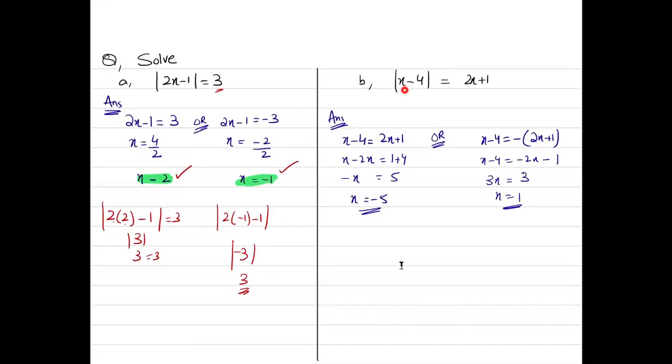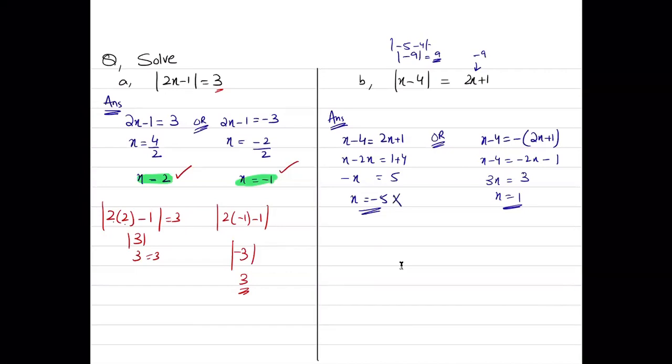If you plug in -5, that's going to be -5 - 4, which is -9, and mod is 9. On the right side, plug in -5: -5 times 2 is -10, -10 + 1 is -9, mod is 9. So this answer is acceptable.